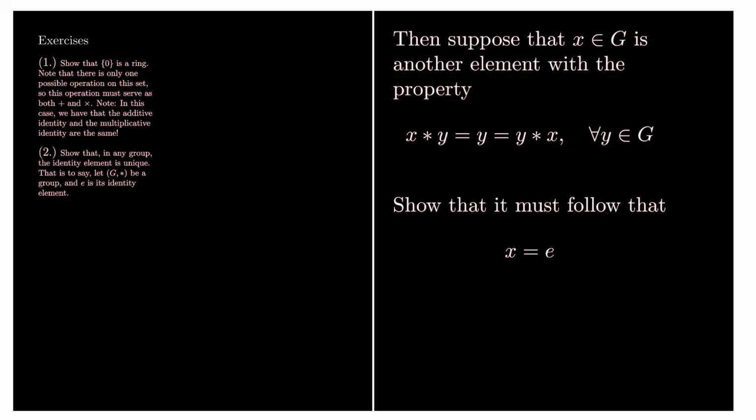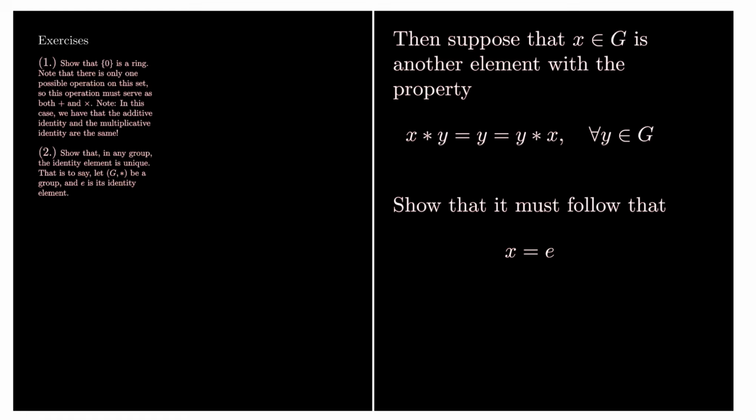Here I've written some other element as x. It has the property that defines an identity element, namely that if you take x, product that, or whatever, with any element y from the group, you get y, and it's the same thing if you did it the other way around, right? That's the property that defines what an identity element is.